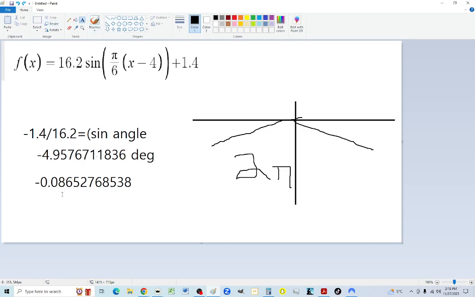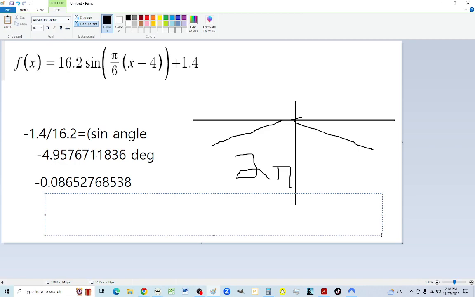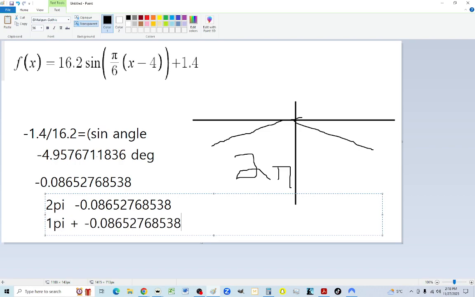And since negative 0.8 is in that quadrant, it's going to be 2 pi minus 0.086 minus that. And 1 pi plus that. And those are the two angles, because negative 0.0686527 is the acute angle, really.